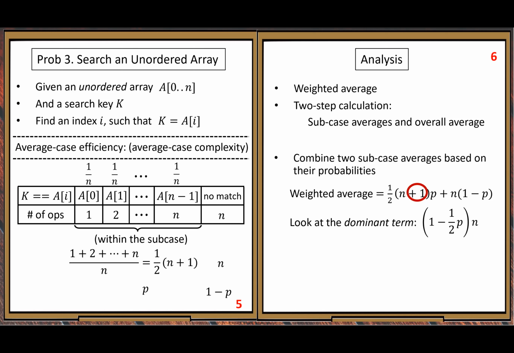here let me write something. From the first part, 1/2 n plus 1, the 1 ignored, so you have 1/2 p times n. The second one, 1 minus p, be careful. Do not ignore the 1 here and the minus p, because n multiplies this number.